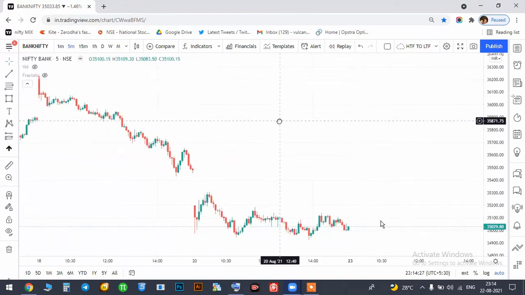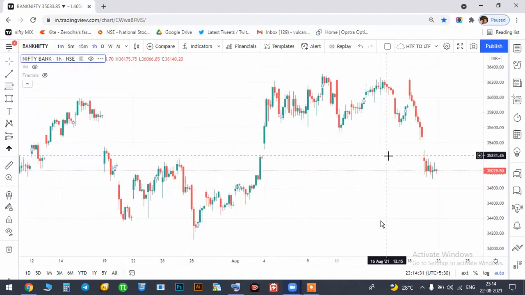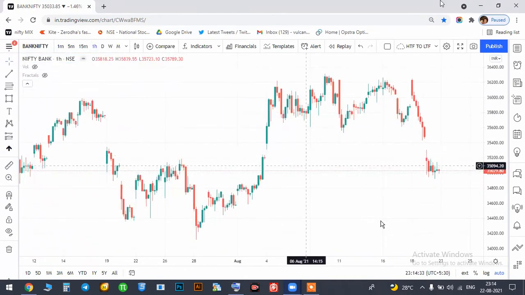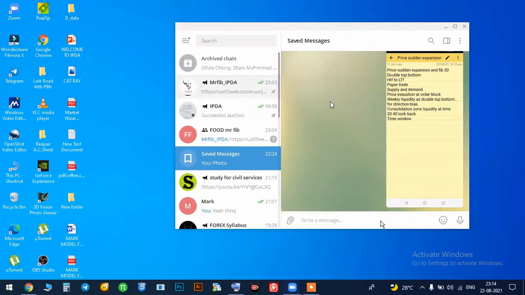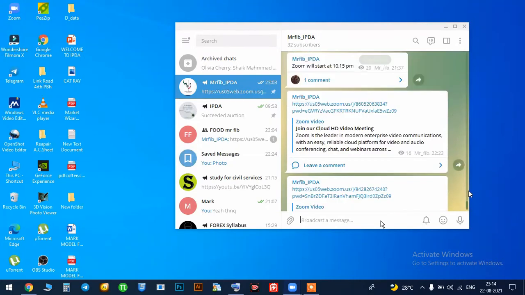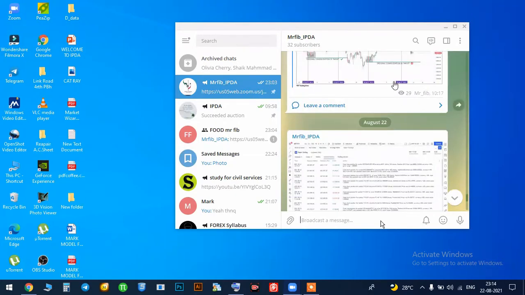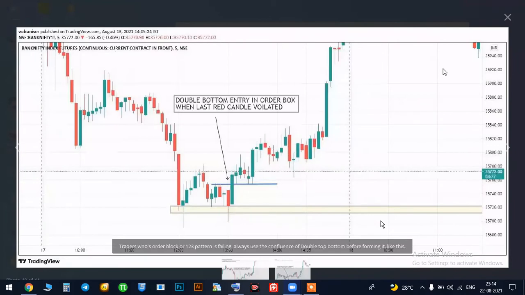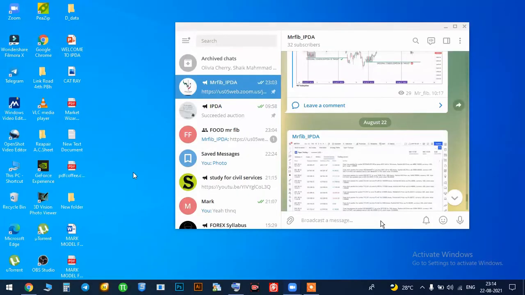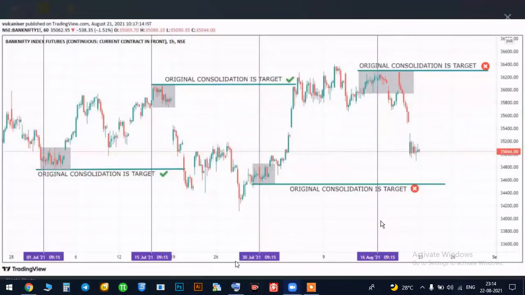But I want to teach the 1 hour consolidation. So I shared a chart in the group. I don't know if you consider this or not. Can you see the date here?